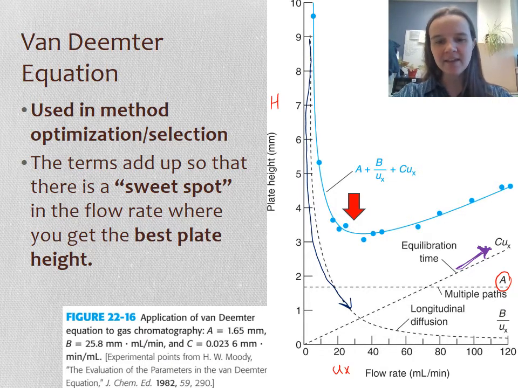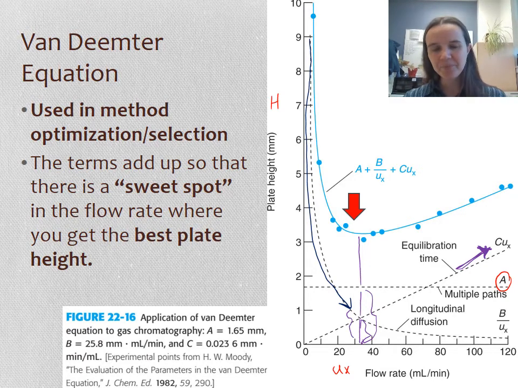And so if I add this distance here to itself again, and then that again to there, then I'm building up that distance in order to get that. Now, there's a sweet spot where you get the best plate height, which is your best resolution for a given flow rate.